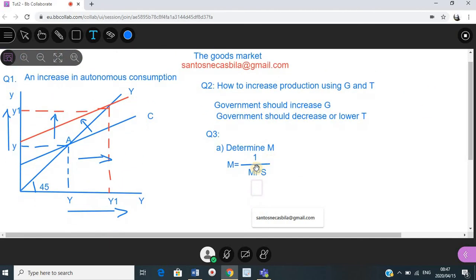So this implies that M is going to be equal to 1 over 0.4.